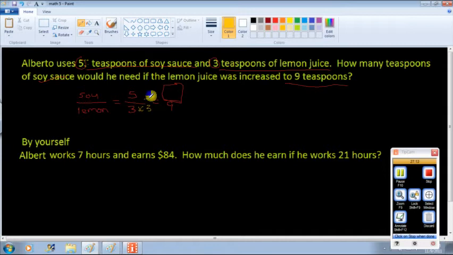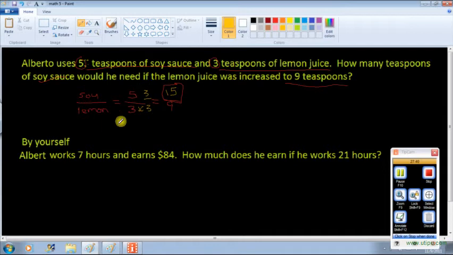And using the property of 1, whatever I do in the bottom, I have to do to the top. So 5 times 3 is 15. So this one's a little different. Again, remember the question is not asking for a ratio, it's asking for an amount. So if the lemon juice was increased to 9 teaspoons, then he would have 15 teaspoons of soy sauce.